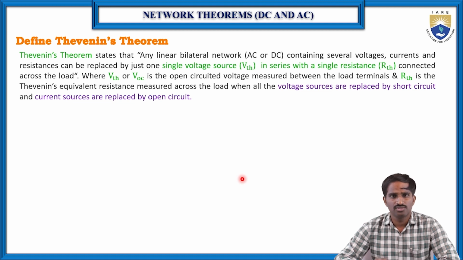In another word, simply we can say the given circuit can be replaced with the Thevenin's equivalent circuit, which consists of a V Thevenin in series with the R Thevenin, and the series combination of V Thevenin and R Thevenin is connected across the load resistance. By using that we can apply this Thevenin's theorem, right? Then we have to calculate the V Thevenin and R Thevenin.